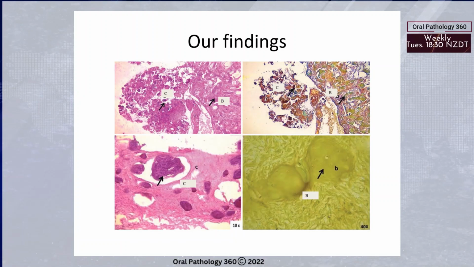This was a psammomatoid juvenile ossifying fibroma, and we confirmed the nature of the calcification using Gallego. This first appeared like cementum, but after staining with Gallego, it was green in color, so it was not cementum, it was bone.